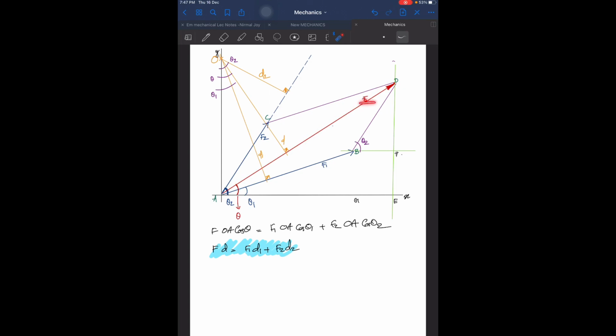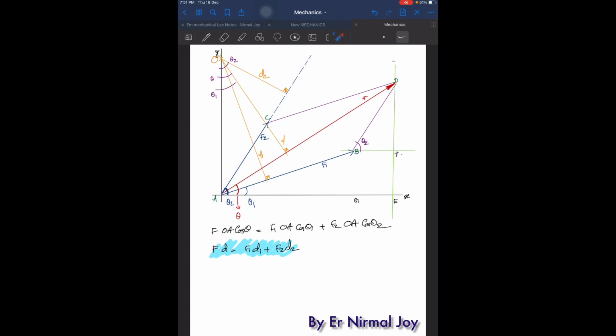The moment made by a force about a point will be equal to the sum of moments made by the component forces about the same point. Fd is the moment made by the resultant force, F1 d1 is the moment made by the force with magnitude F1, and F2 d2 is the moment made by the force with magnitude F2.